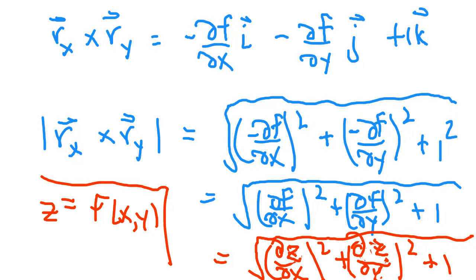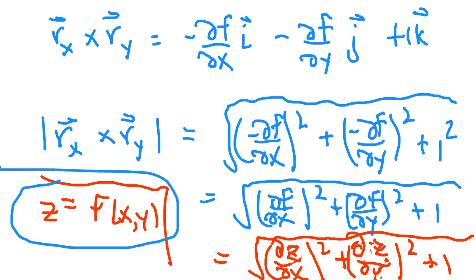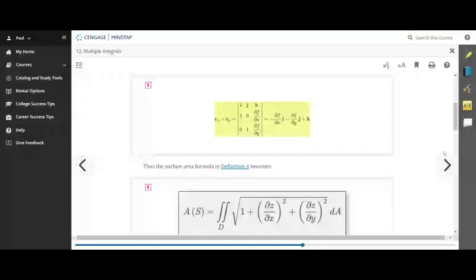All they're doing is, because z is a function of x and y, replacing the function f with the function z. And so this brings us back to this formula.